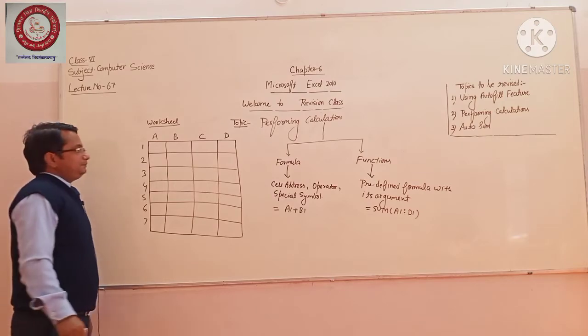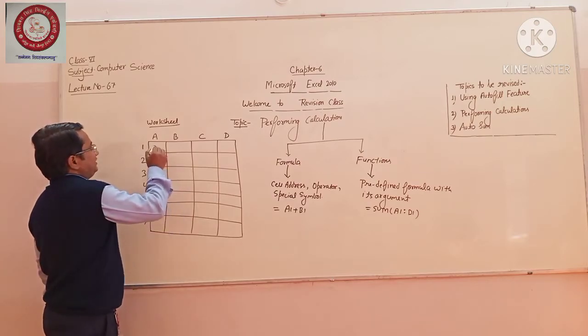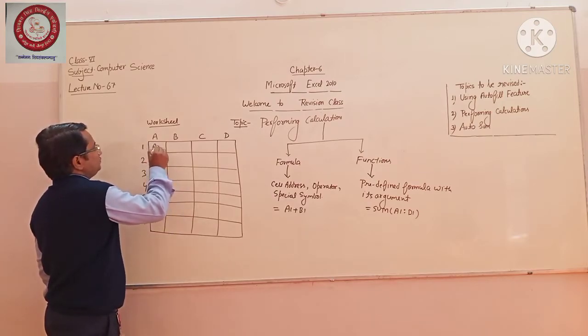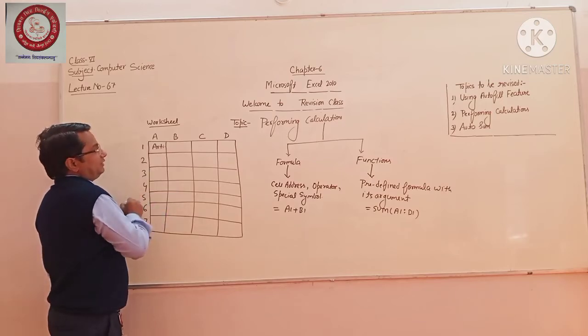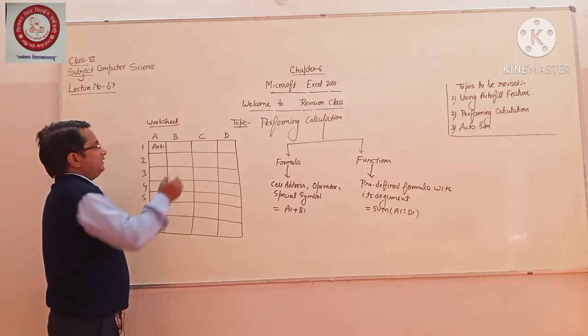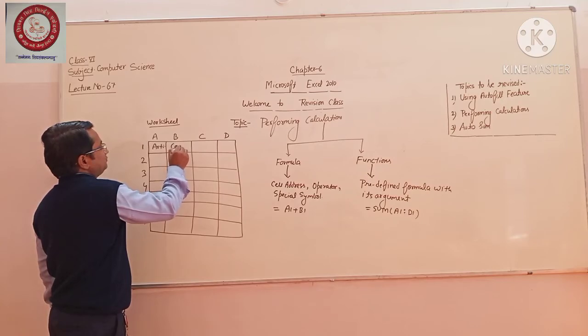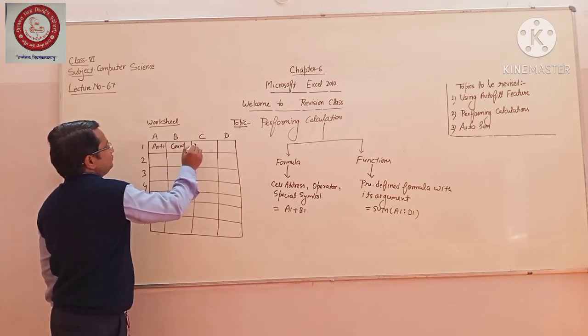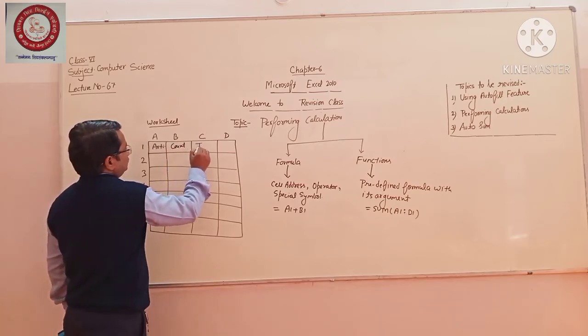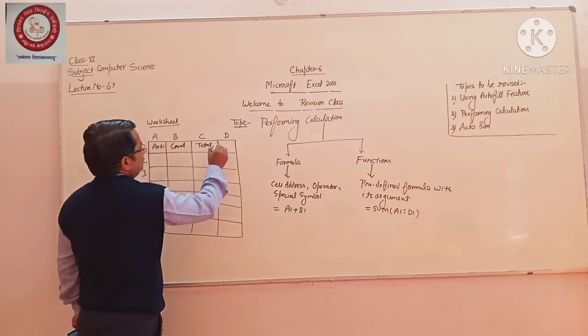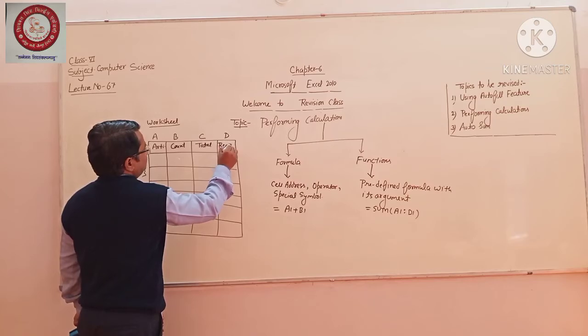So what we will do here, suppose let's take here article. Some articles are there. Count. Total, and you will write here remark.